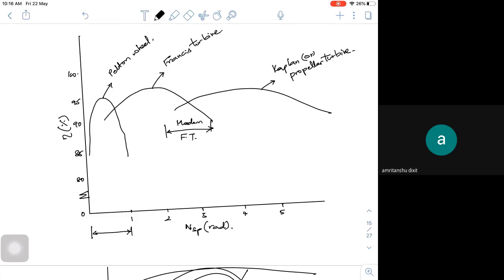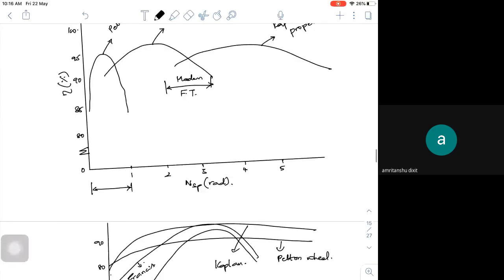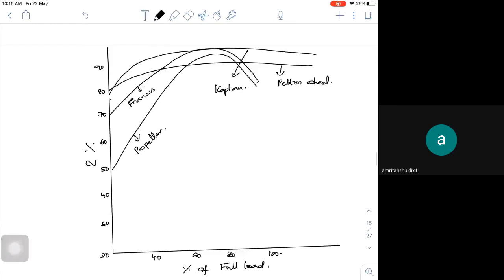But if the available head is around 100 meters, or 10 or 20 meters, then I have the flexibility to go for either a Francis or Kaplan turbine. But what is the efficiency? So loading conditions and specific speed conditions are very important in choosing the turbines.